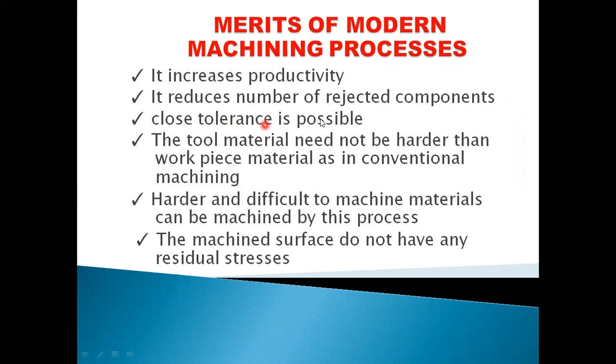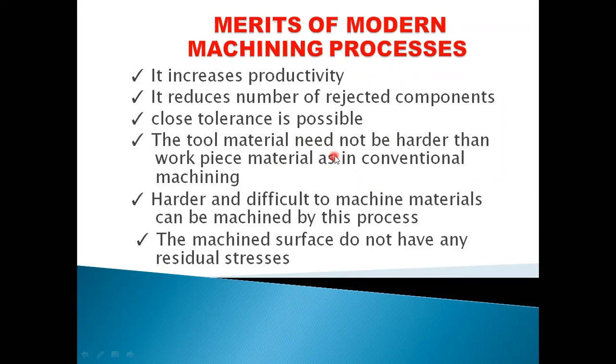Close tolerance is possible because you can maintain very close tolerances. There won't be a huge deviation of the parts, and interchangeability is very good. The tool material need not be harder than the workpiece material as in conventional machining. The disadvantage with conventional machining is that the tool material must always be harder than the workpiece.